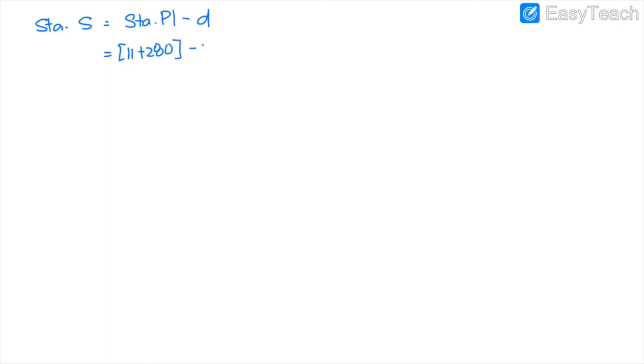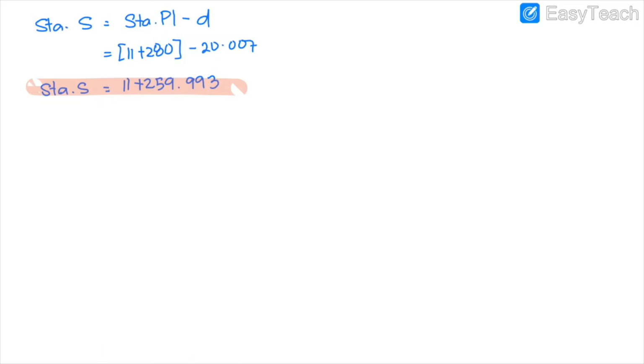The D is 20.007. Station on the highest elevation, or the highest point on the curve, is basically 11,259.993. So, yan na yung ating answer with the station.